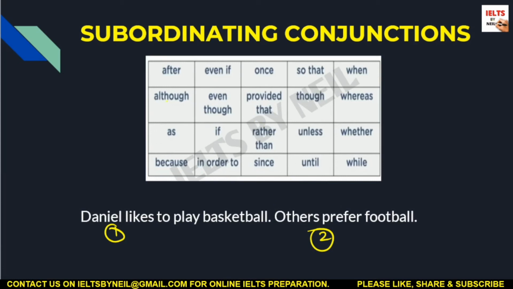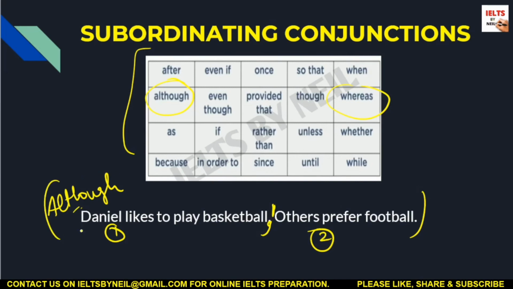Out of this list, we can use although here, or whereas, which is again a contrast word. So to make a complex sentence, if we use although, Daniel likes to play basketball, and put a comma here, others prefer football. So this is a complex sentence.